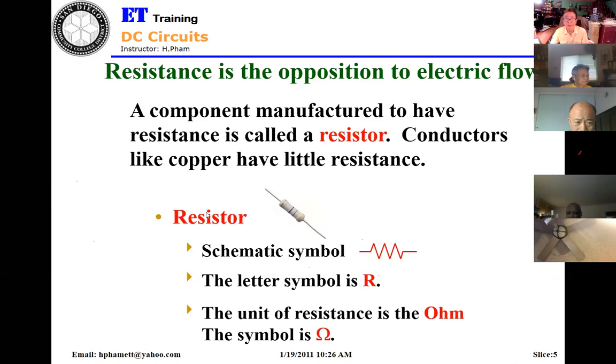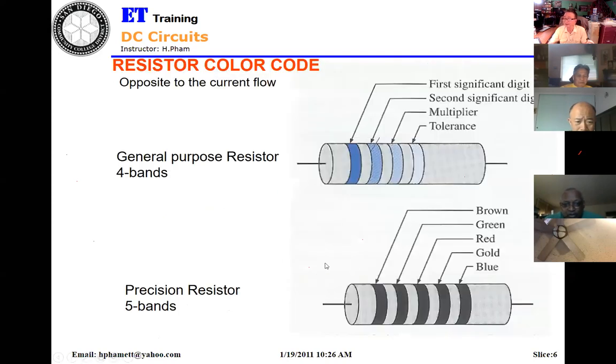They will oppose the current flow. If the resistance is big, then there is less current. So they tell you the schematic symbol, letter R, and the unit is ohm. Okay? I just quickly went through that.